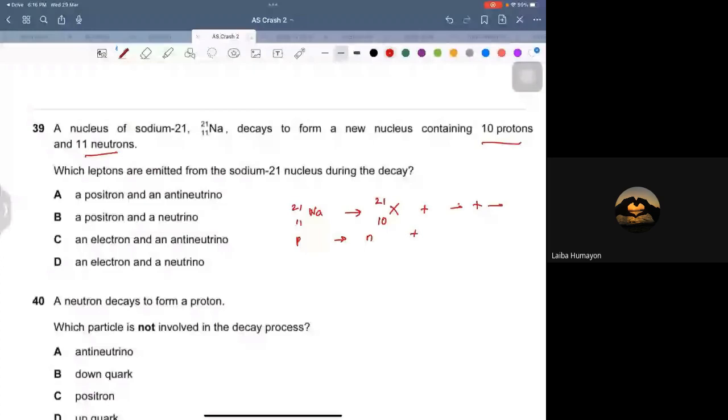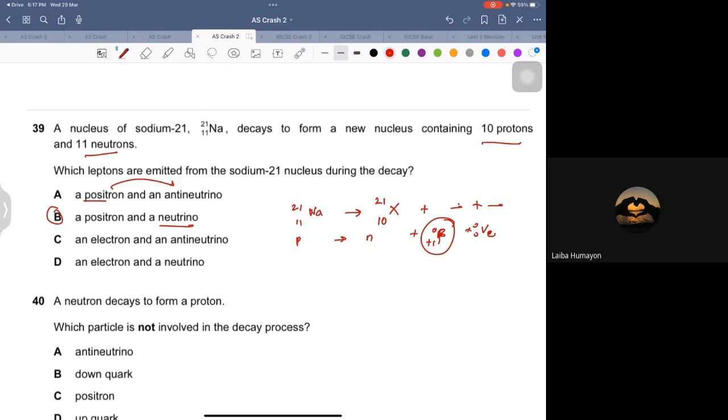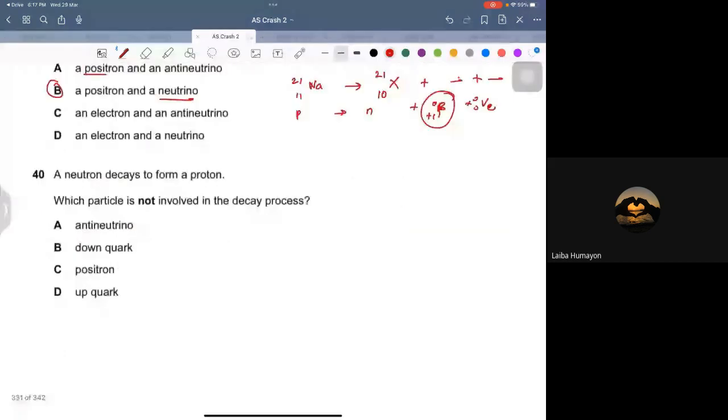A beta positive particle with proton and... you get it? Okay.